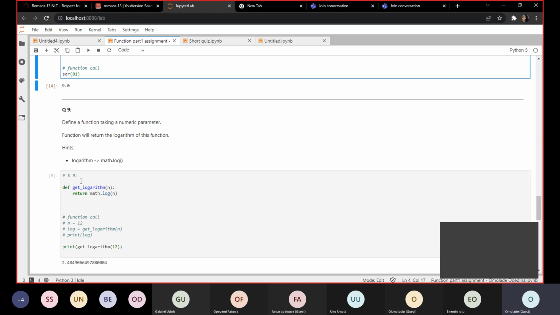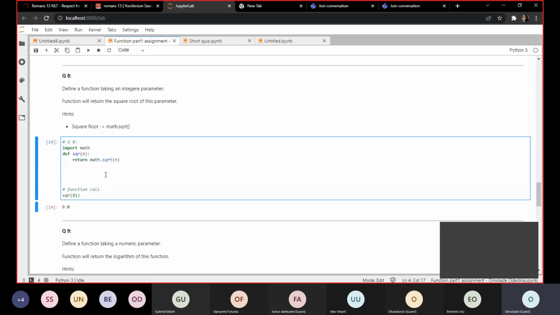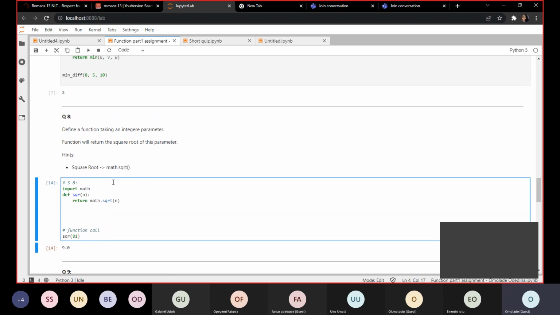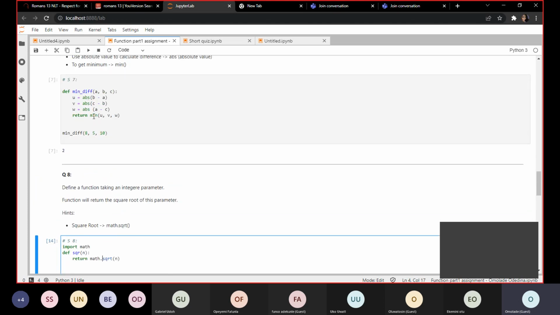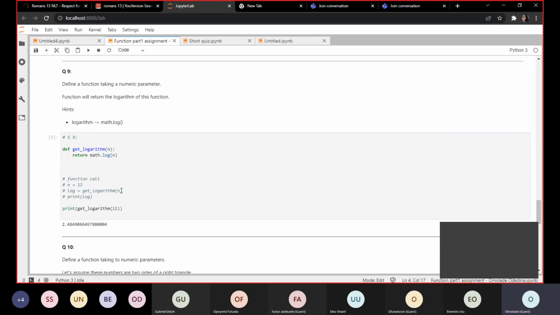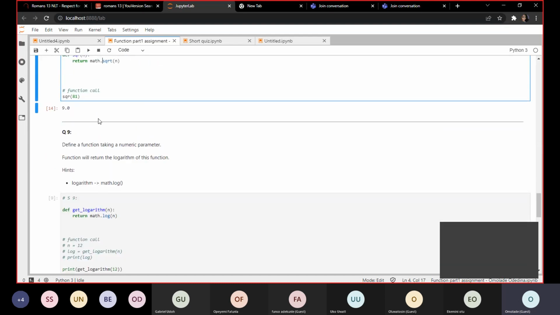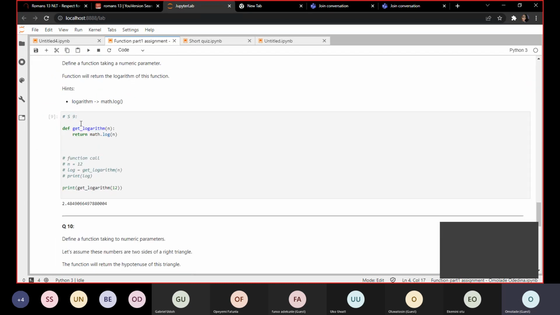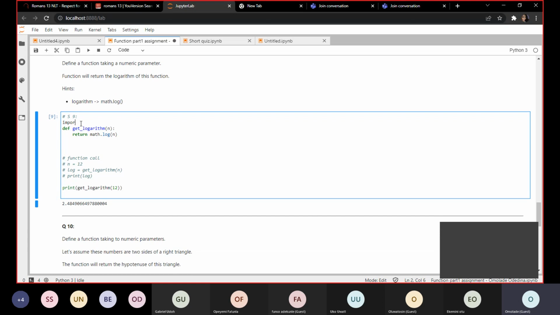All right, so def get logarithm, and what will it do? It will return math.log n, just like square root. Log is also a function under the module called math. It's not like abs or min that is just a function on its own. This one too is called under the module called math, so you have to import math again.